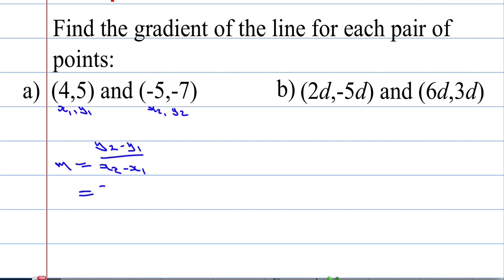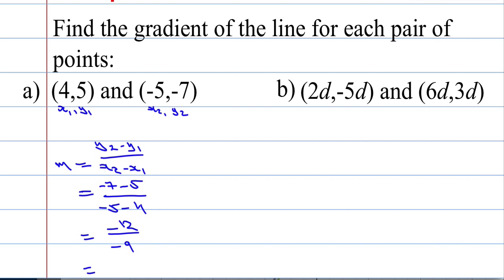Subtract y1, which is 5, over x2, which is negative 5. Subtract x1, which is 4. Negative 7, subtract 5 is negative 12. And negative 5 subtract 4 is negative 9.